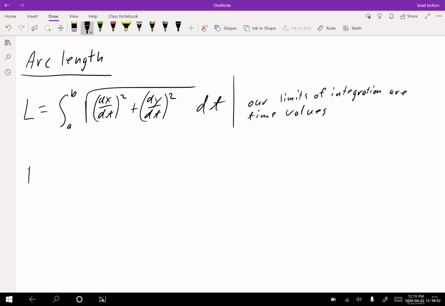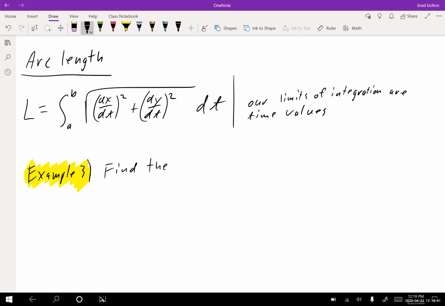So it says, example 3. Now some of these are pretty long-winded, so I hope you leave yourself a little bit of space.